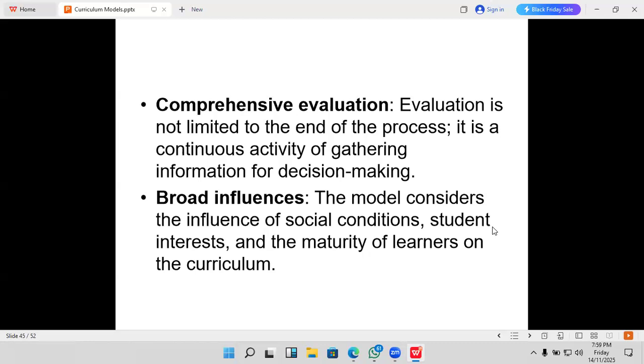Broad influences: the model considers the influence of social conditions, student interest, and the maturity of learners on the curriculum. This is also a new idea from Kerr. Whenever we decide our curriculum, our subjects, subject content, we should study social conditions.